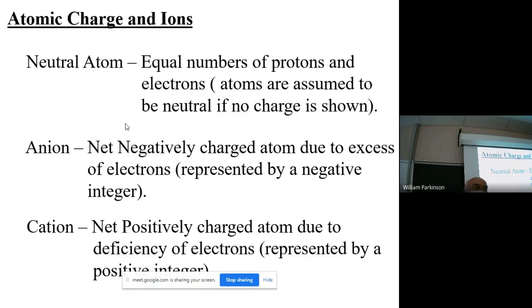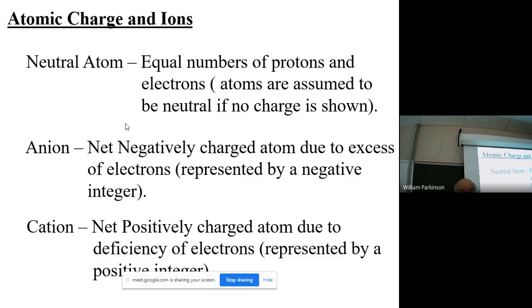And vice versa. If you make a cation, simultaneous to making a cation, somewhere else you're making an anion. Because in order for something to be positively charged, it has to now have an imbalance of charge. The charge it lost didn't disappear. The charge it lost went somewhere else, so something else has become an anion.